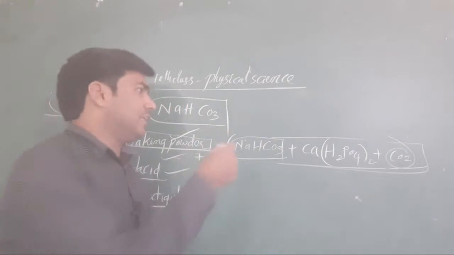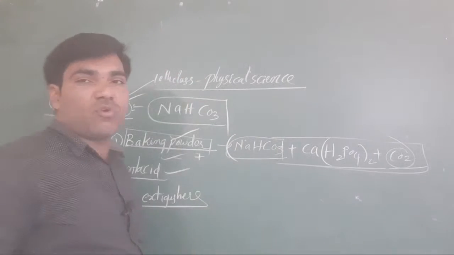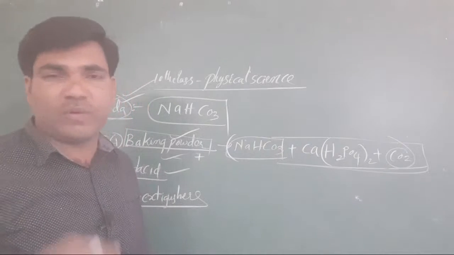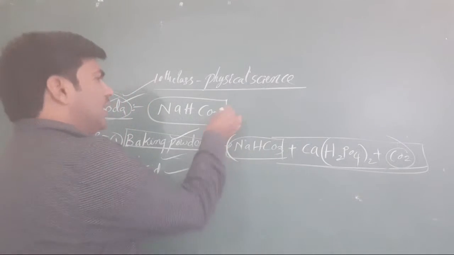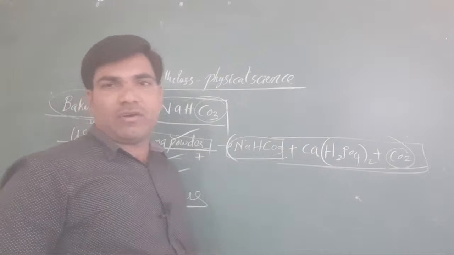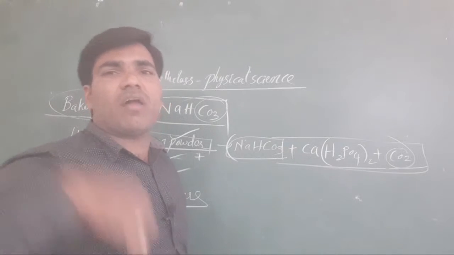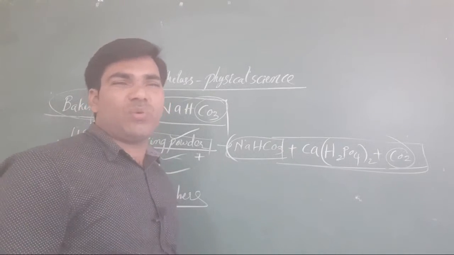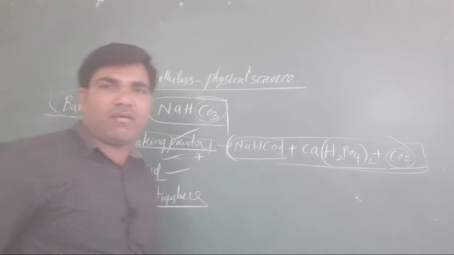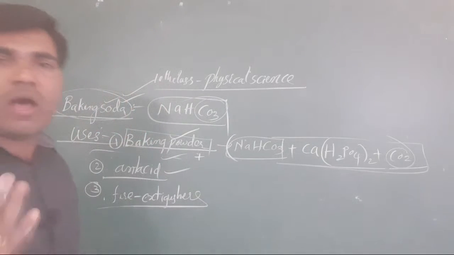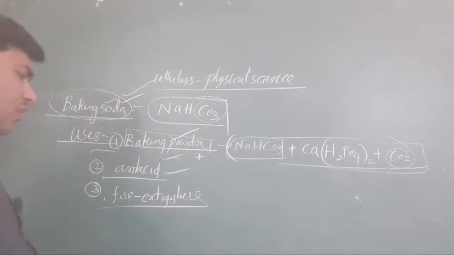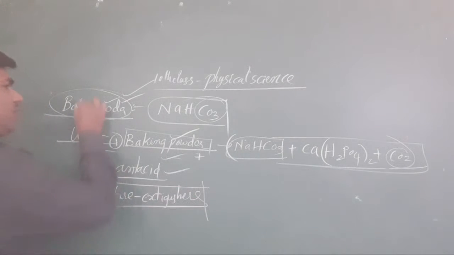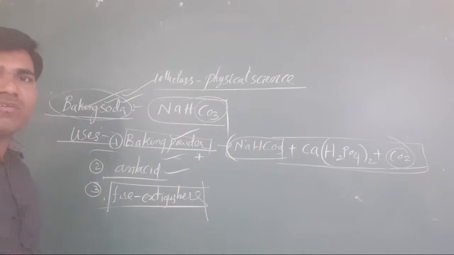In that one it is written that it contains baking soda. You know very well. Why? The baking soda indirectly contains the component of what? Carbon dioxide. The carbon dioxide gas is used for fire extinguisher purposes. It stops the fire. In this way our baking soda is also used as a fire extinguisher.